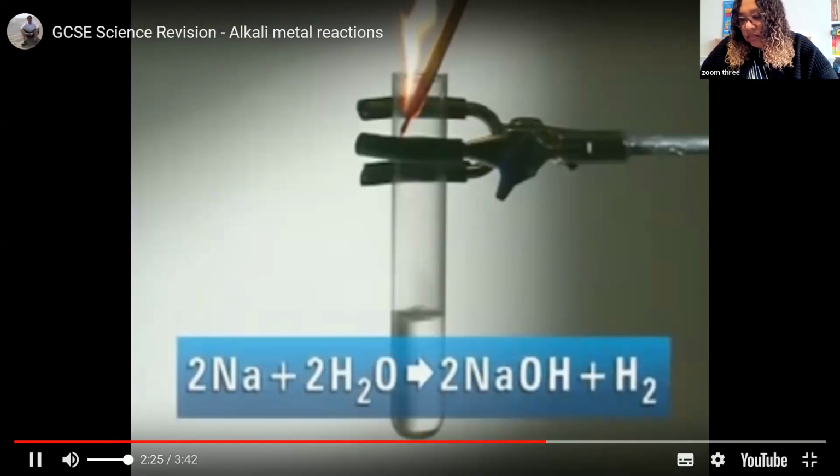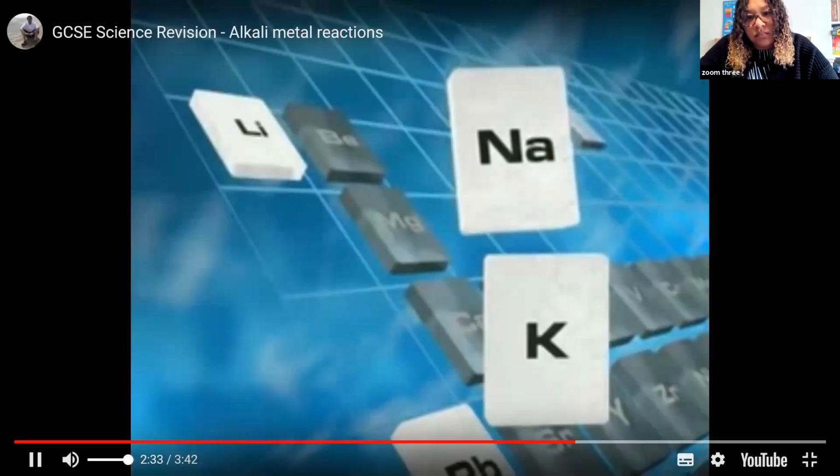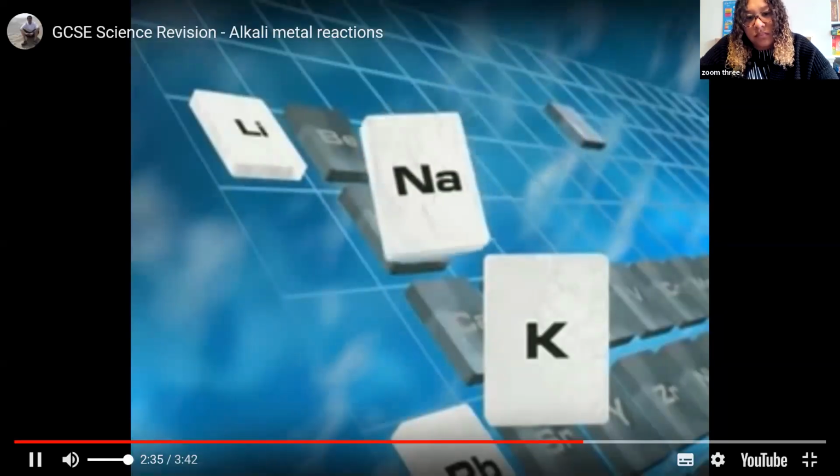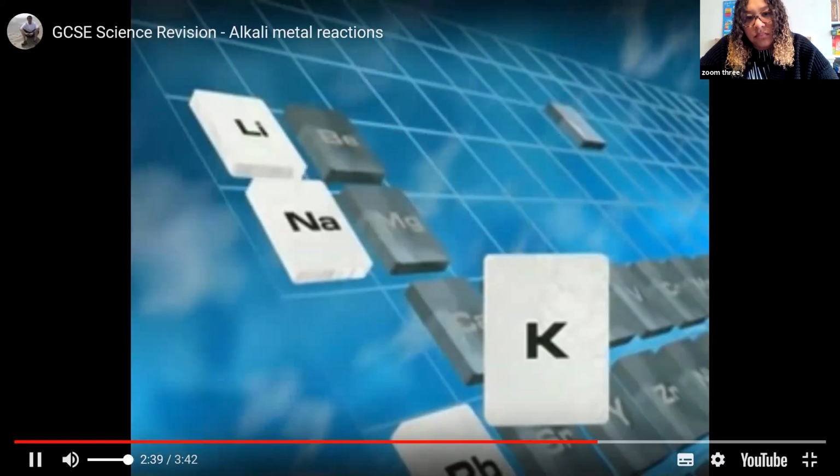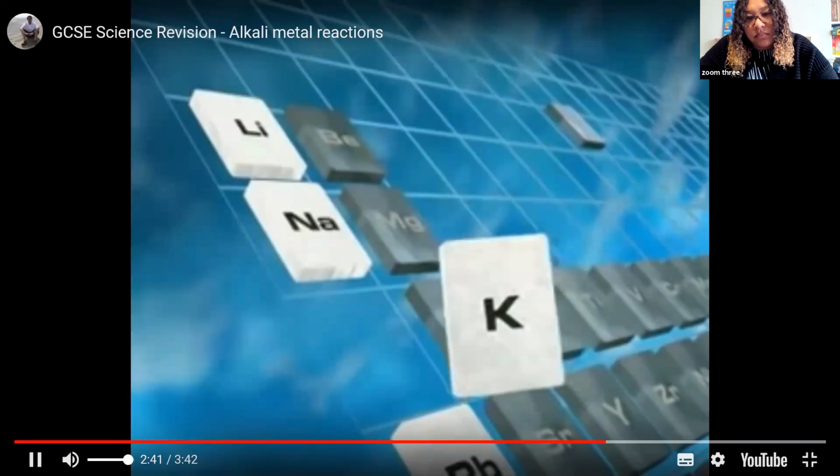And the solution is alkaline. When sodium reacts with water, sodium hydroxide and hydrogen are formed. Sodium is more reactive than lithium. It's below lithium in the periodic table. Potassium is below sodium.